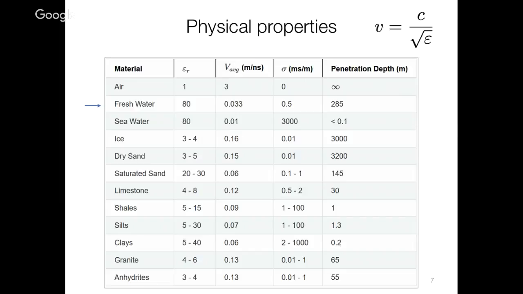And other materials have different values. One of the important things is that a GPR wave is going to travel in the Earth at the speed of light divided by the square root of the dielectric constant, epsilon. So if epsilon is equal to 4, then this wave is traveling at half the speed of light. Okay?